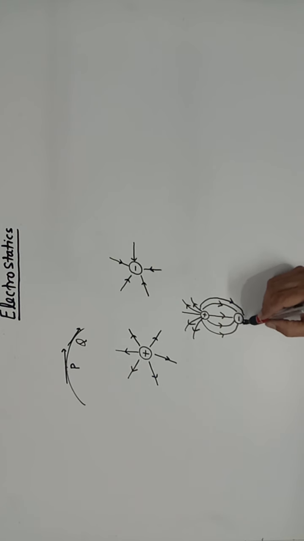This is the situation when two charges are placed, one positive and the other negative. Sorry, negative inwards. The figure shows the field lines due to a pair of equal and opposite charges.